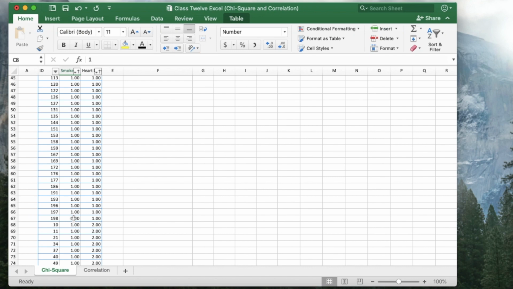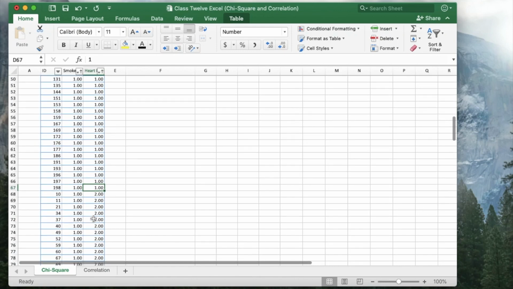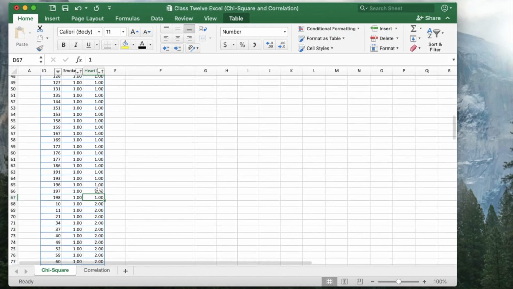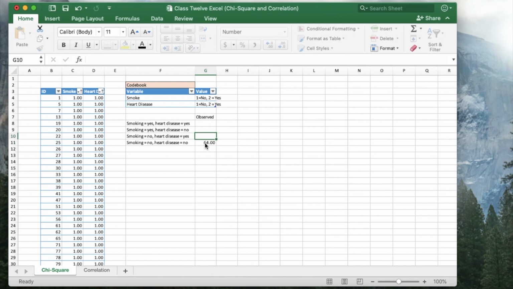So we can see that the number of people that indicated a 1 for both is 64. So we'd have 67 minus 3. So for 1, 1 here, we want to indicate a 64.